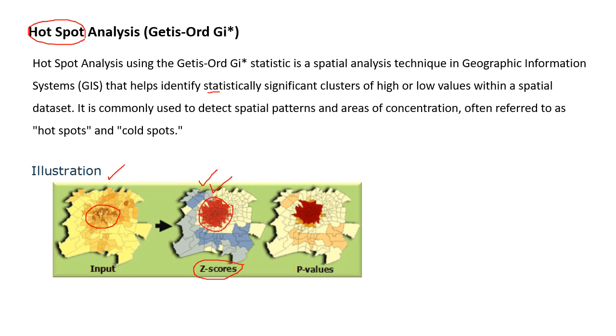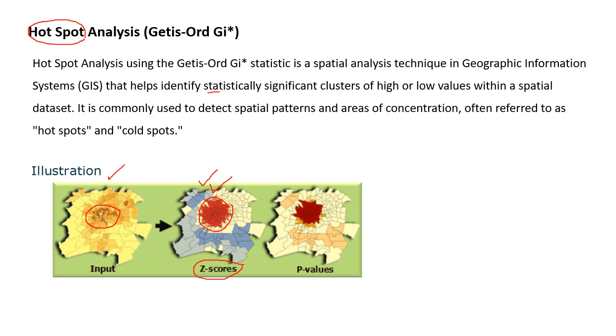Because the higher value is surrounded by higher values, and the closeness effect is given to them. If a higher value is not surrounded by higher values, it will not be considered a hot spot, because the value of each polygon is influenced by the surrounding values.